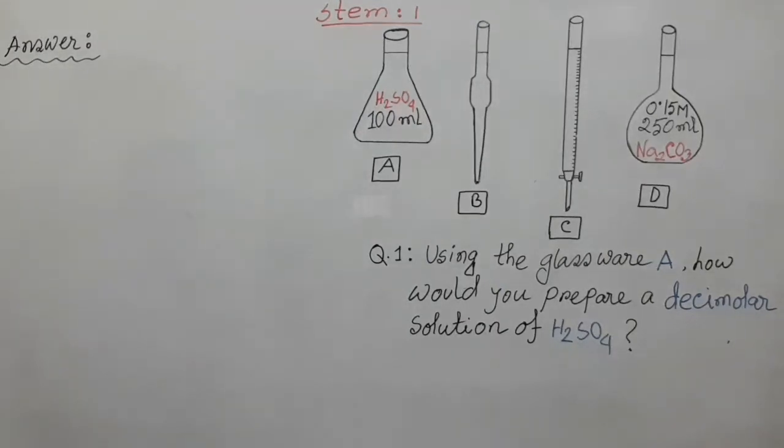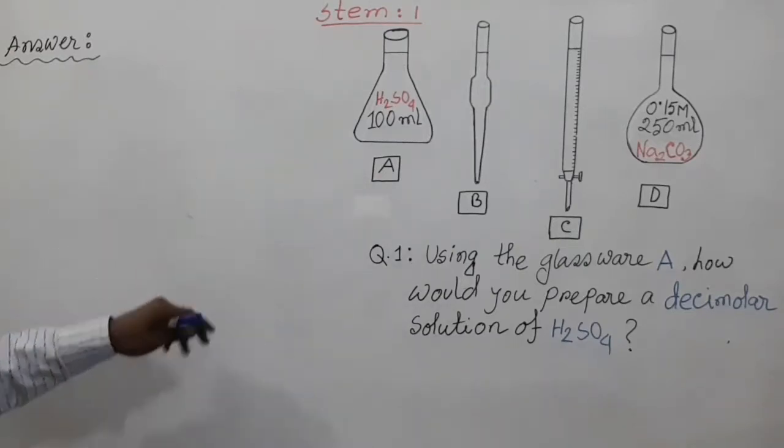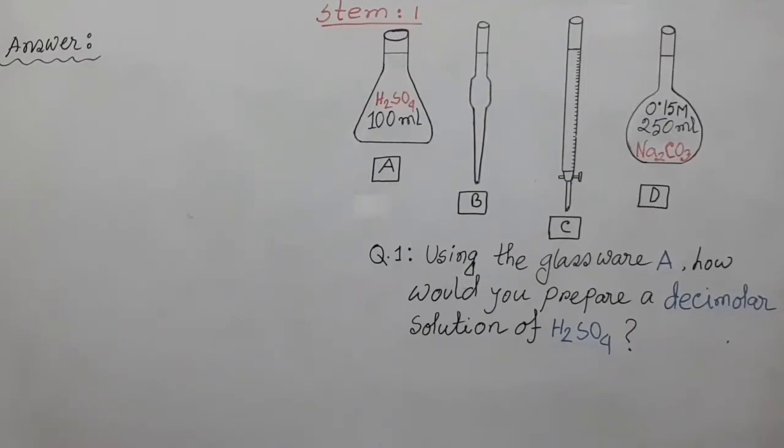Our first question is, using the glass apparatus A, how would you prepare a decimolar solution of sulfuric acid?